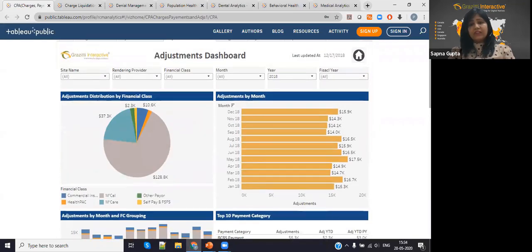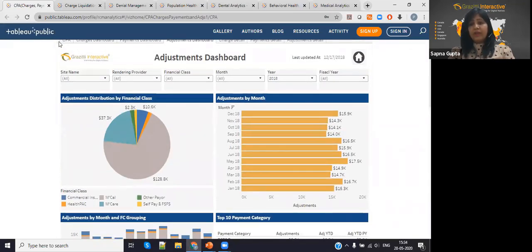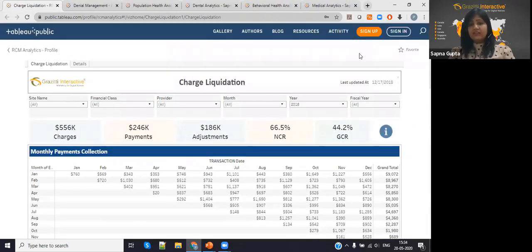With this analytics solution implemented, you can view health center revenue and distribution pattern on a monthly and annual basis. Furthermore, with the help of this, you can minimize patient denials as well as revenue leakage. Now moving on to the next dashboard, we have charges liquidation.